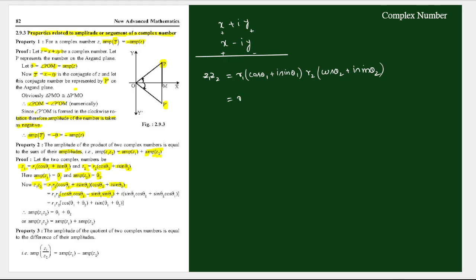So multiply r1 r2. Then you multiply now cos theta 1 cos theta 2 plus i sin theta 1.